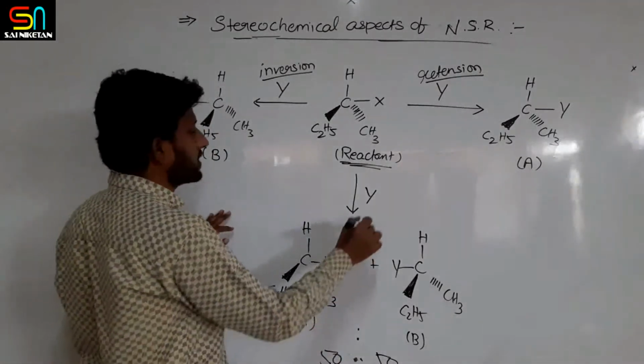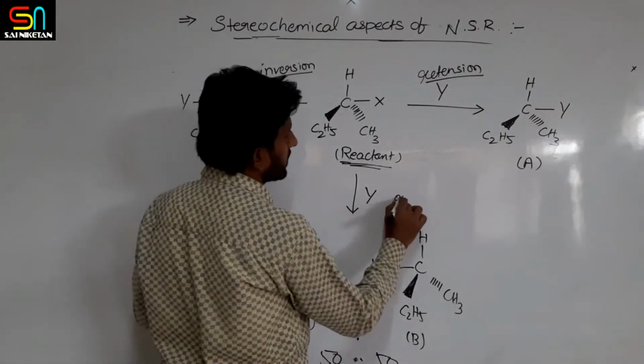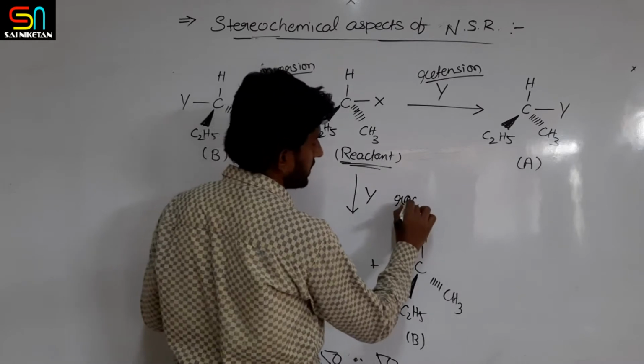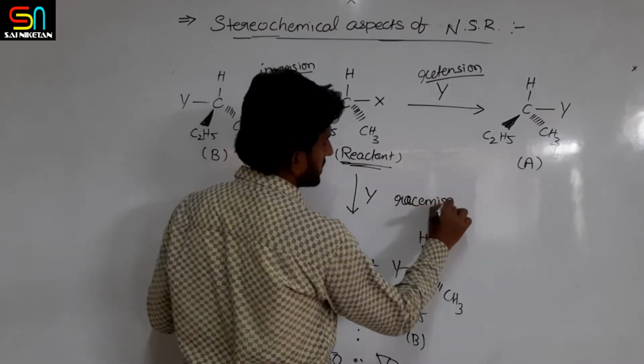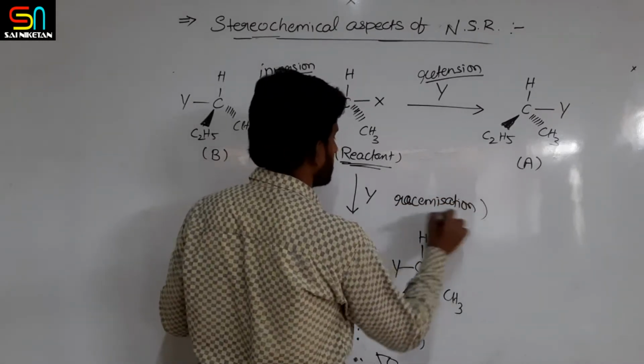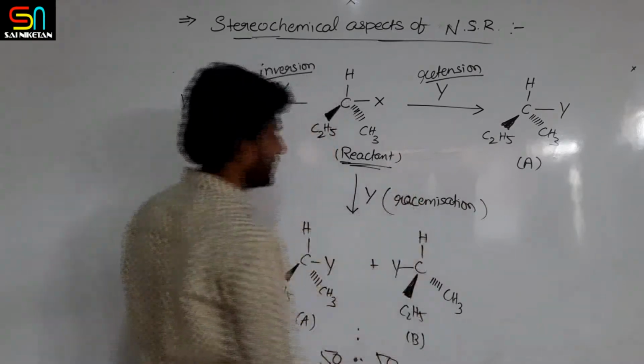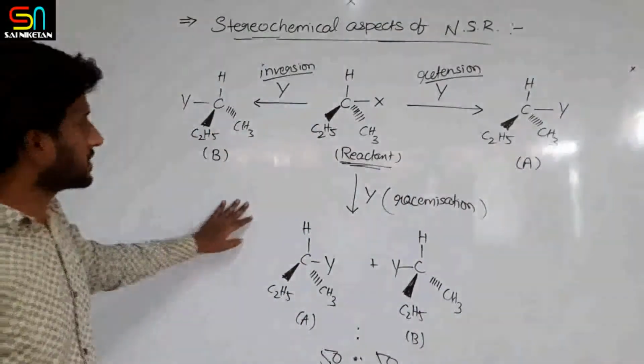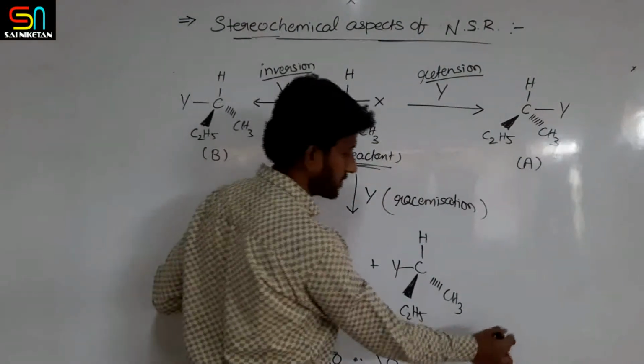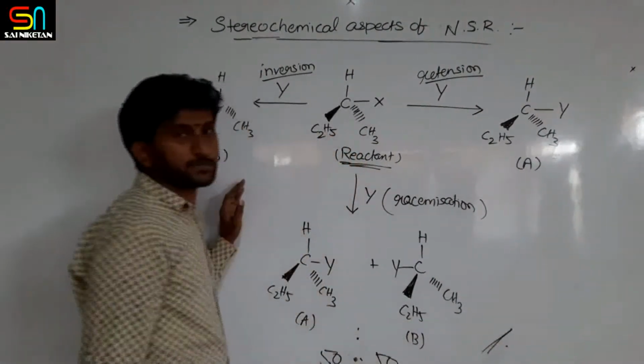Okay, so this process is called what? Racemization, or racemic mixture formation. Racemization. Okay, so this you have to understand with the example.